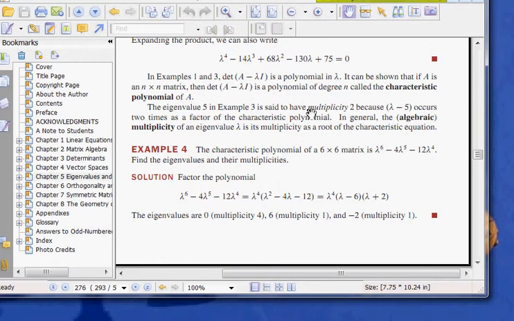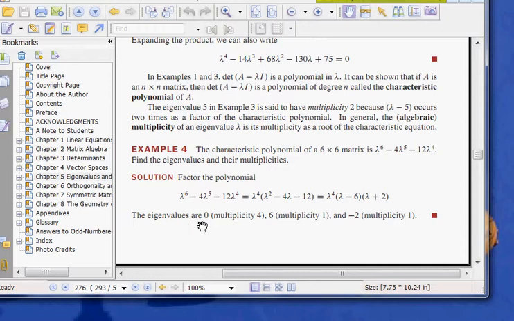What they want you to do is, right here, they give you the characteristic equation, find the eigenvalues and their multiplicity. So what you do is you first factor this lambda to the 4th outside of the expression. Then you factor this inner quadratic expression, not an equation, and this is what you get. So the eigenvalues are right here.